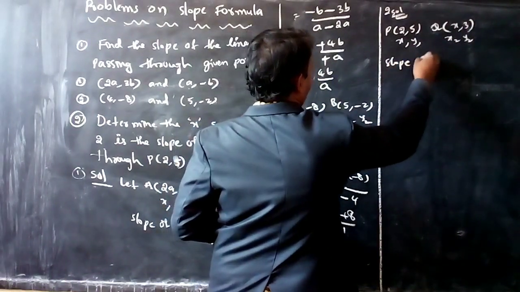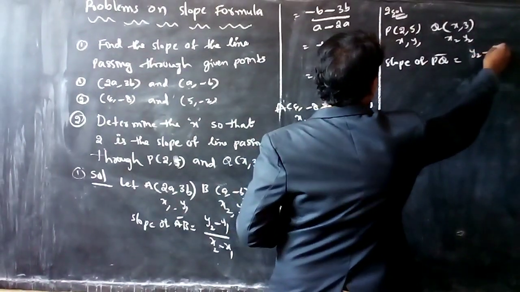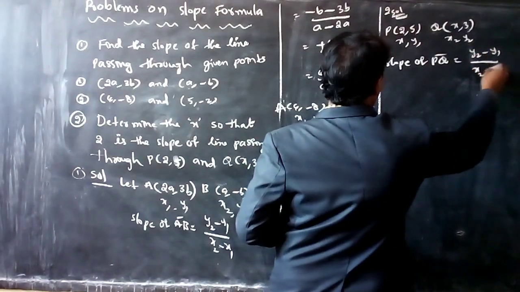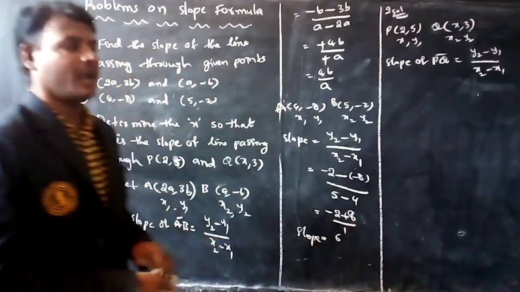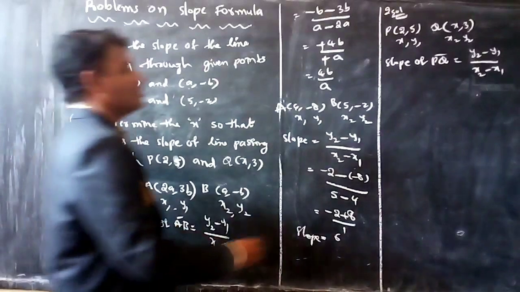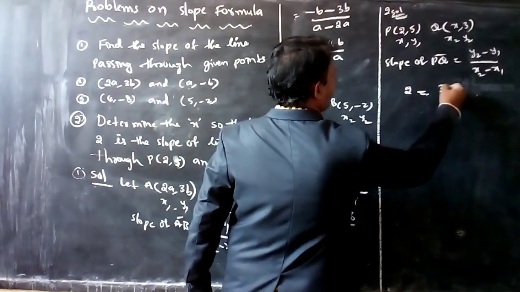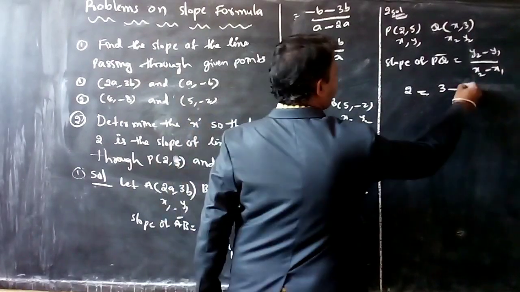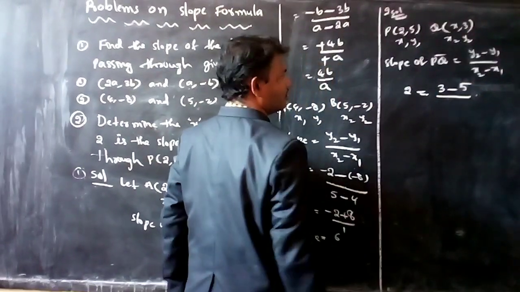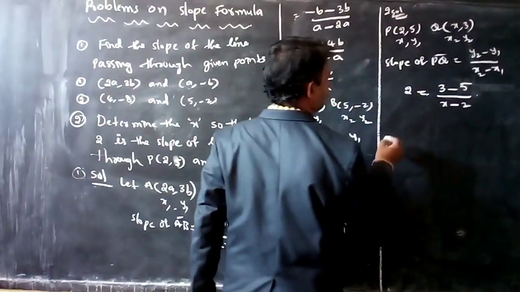Slope of PQ is equal to the formula (y2 minus y1) by (x2 minus x1). The value is already there in the question. What is the value of slope? 2. So 2 is equal to y2, which is 3, minus y1, which is 5, by x2, which is x, minus x1, which is 2.